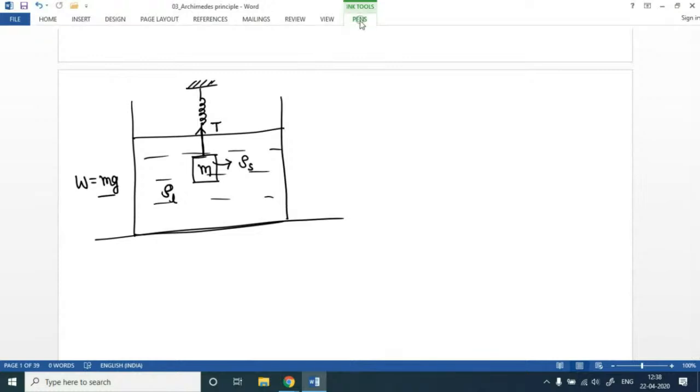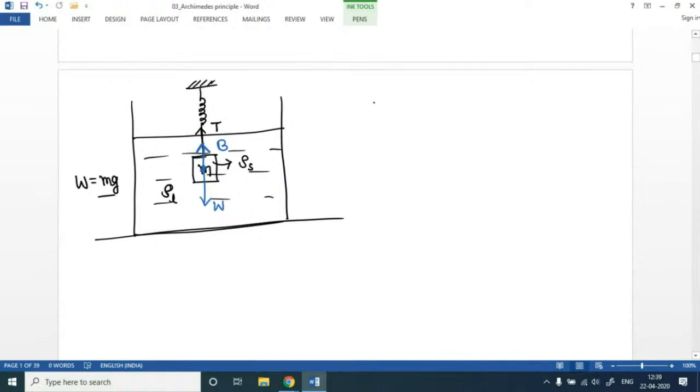So when we draw the free body diagram, since right now this block is in equilibrium and we are interested in finding the reading of the spring balance, meaning the tension, the forces acting on it are first of all its weight, and we have already learned about buoyancy. So this body will be experiencing buoyancy in the vertically upward direction.